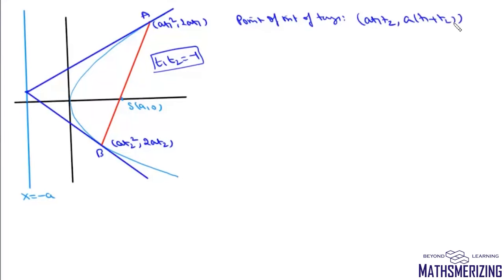Now the next question is the point from which perpendicular tangents can be drawn to both the given circle and the parabola. Now we know that perpendicular tangents can be drawn from the director circle. So for this circle, if we write the equation of the director circle, it'll be x square plus y square equals 2a square.